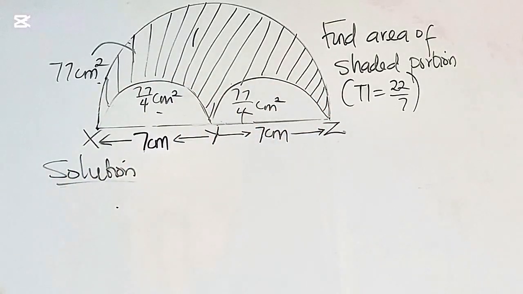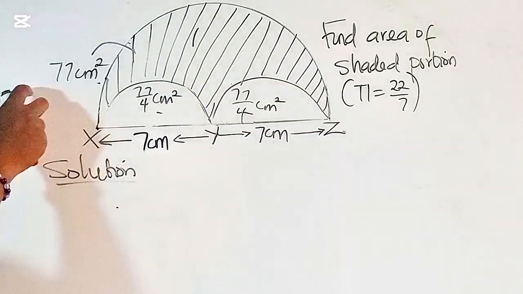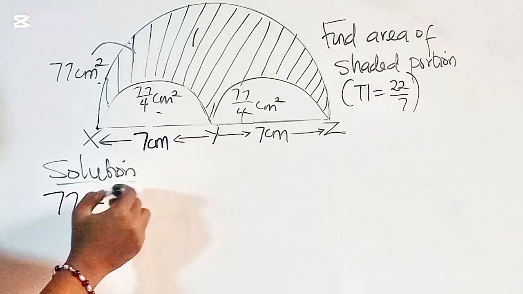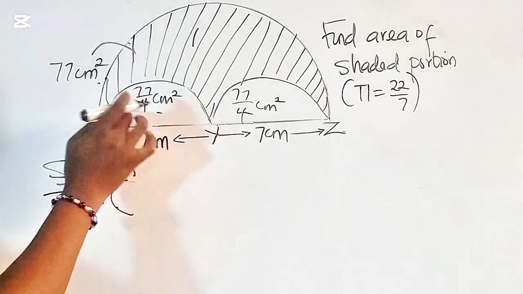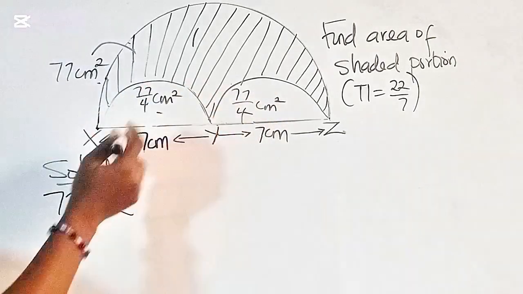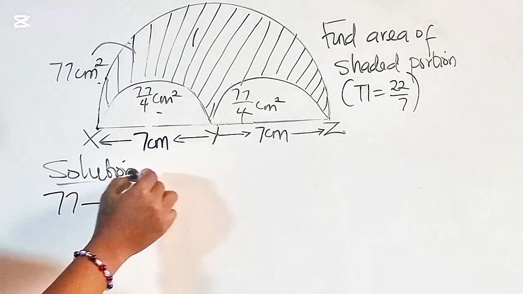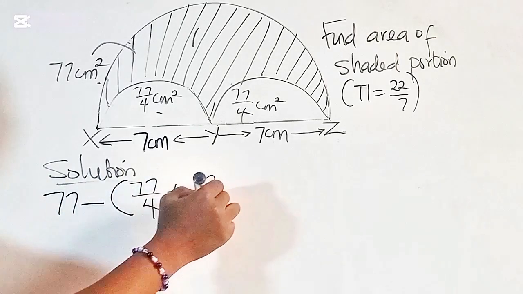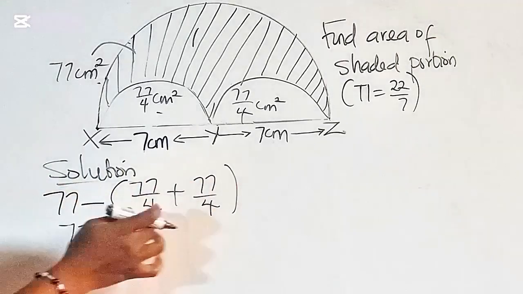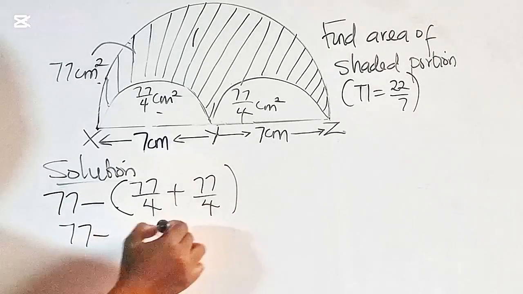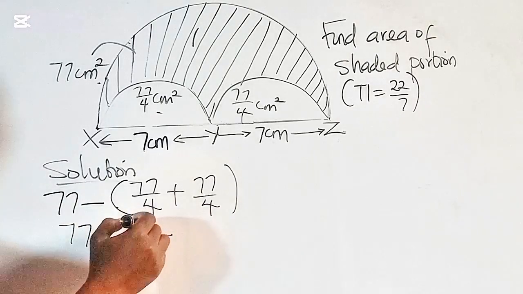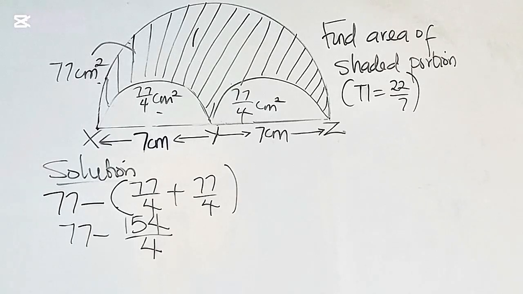So the area of the shaded portion is going to be the area of this bigger semicircle, which is 77 centimeter square, minus the sum of the area of these two smaller semicircles, which is 77 over 4 plus 77 over 4. If we simplify the terms in the bracket, we have a common denominator of 4, and then we have 77 plus 77, which gives us 154.